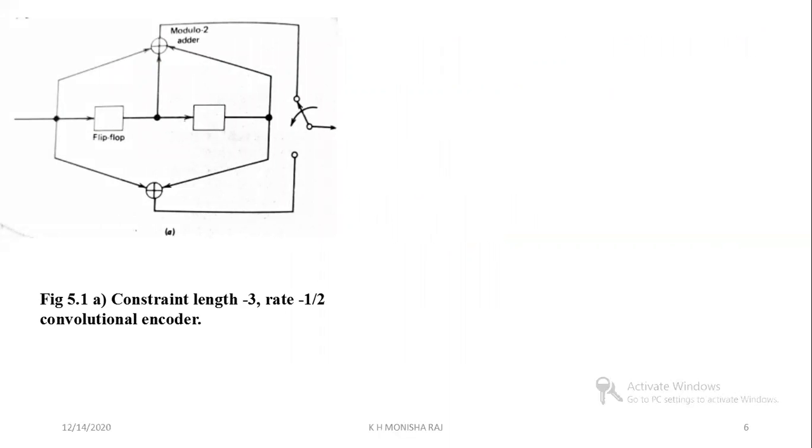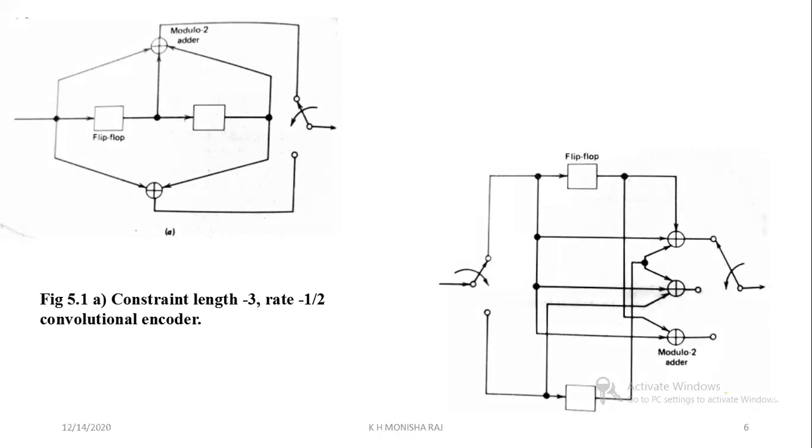We may generate a binary convolutional code with a rate equal to k/n by using k separate shift registers with prescribed connections to n modulo-2 adders, an input multiplexer and an output multiplexer. This is the generalized convolutional encoder. Now, to understand this better, we'll consider an example in the second diagram shown in the figure.